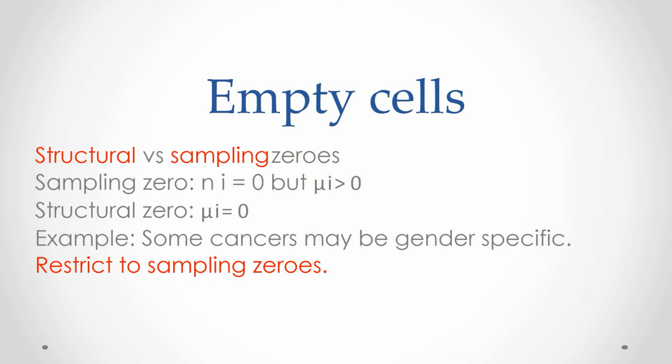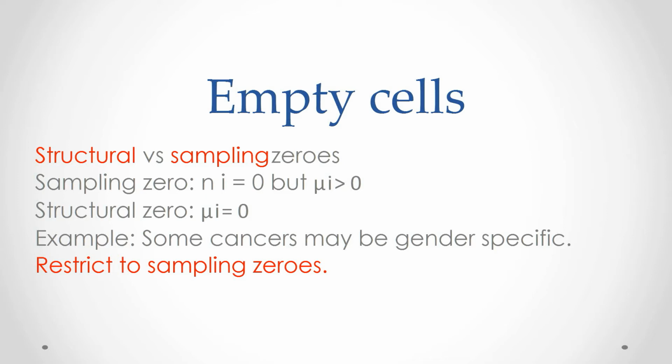As some cancers such as prostate cancer and ovarian cancer are gender specific, it is certain that some of the cells will have structural zeros.